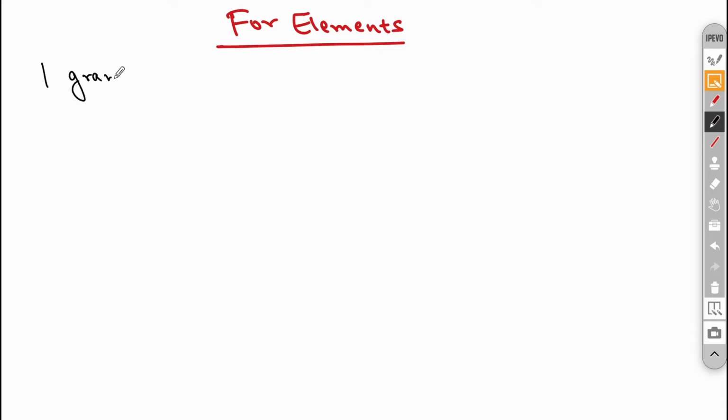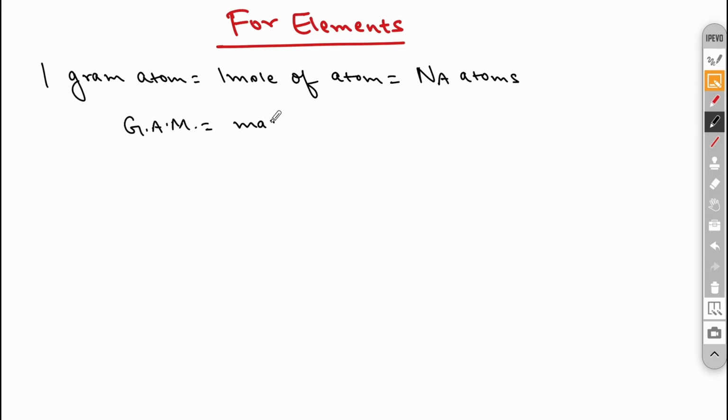Now we'll move further and we'll write that for elements, 1 gram atom is equal to 1 mole of atom, right? Which is basically NA atoms, and gram atomic mass can be written as the mass of NA atoms in gram, right?